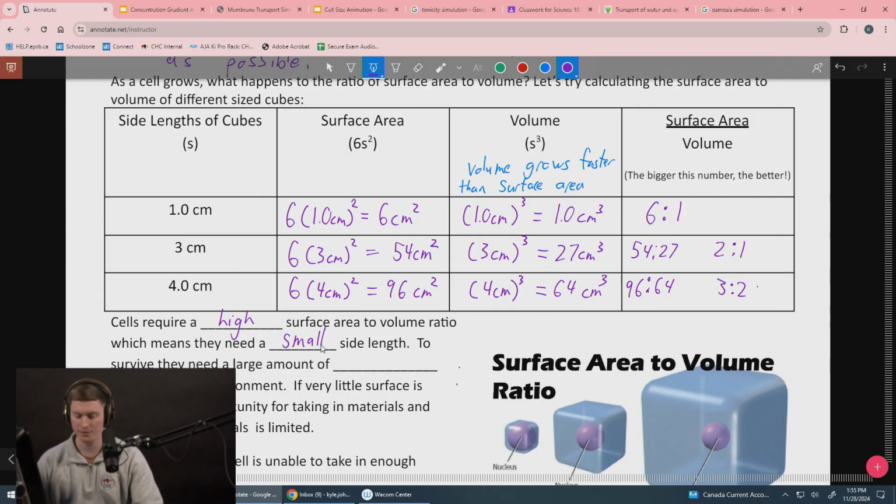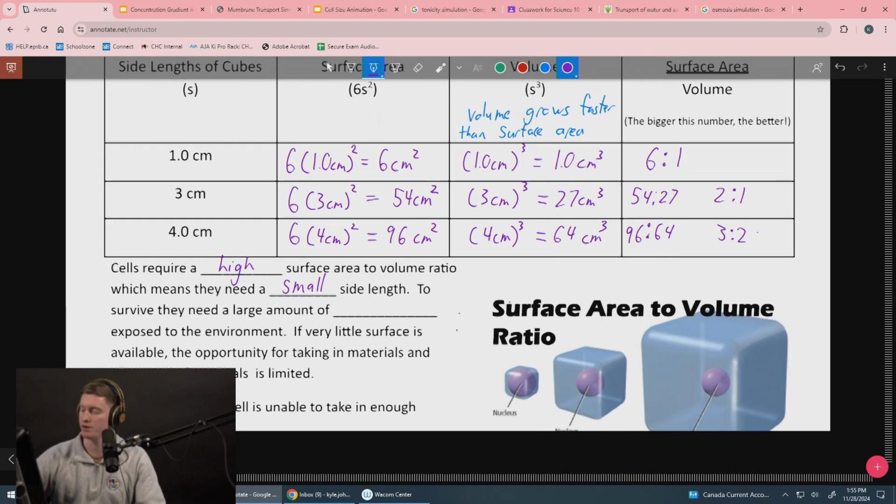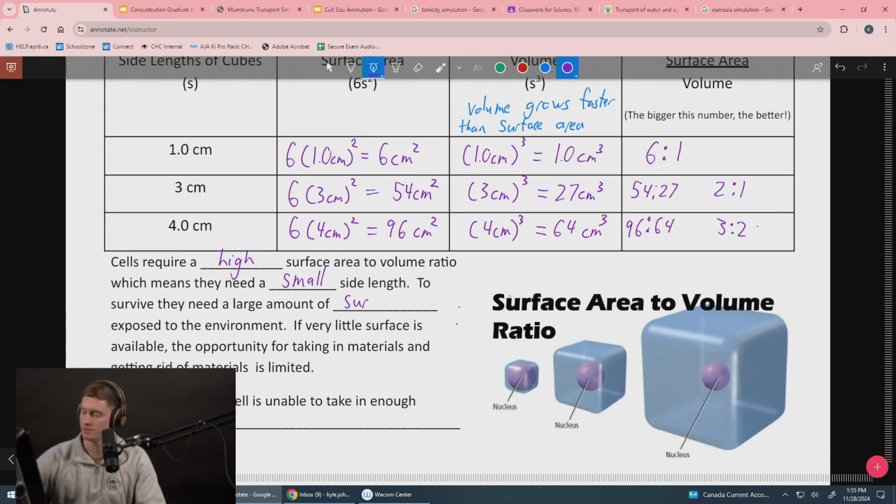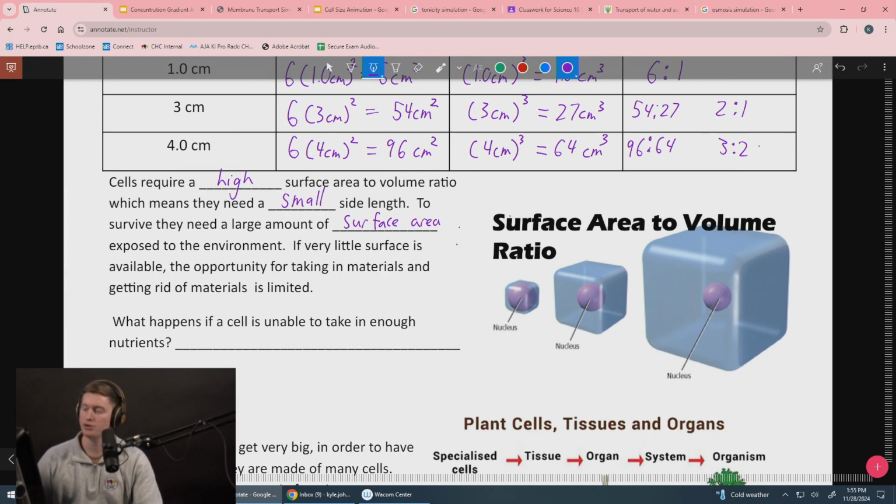To survive, they need a large amount of surface area exposed to the environment with which to exchange nutrients and wastes. If very little surface area is available, the opportunity for taking in materials and getting rid of materials is limited. It will be less efficient. And if a cell is unable to take in enough nutrients or get rid of enough wastes, it will die.